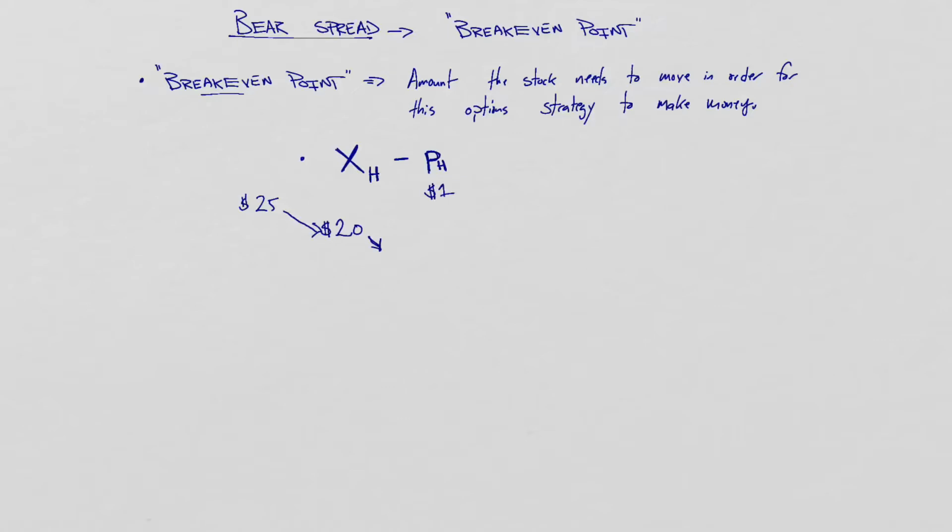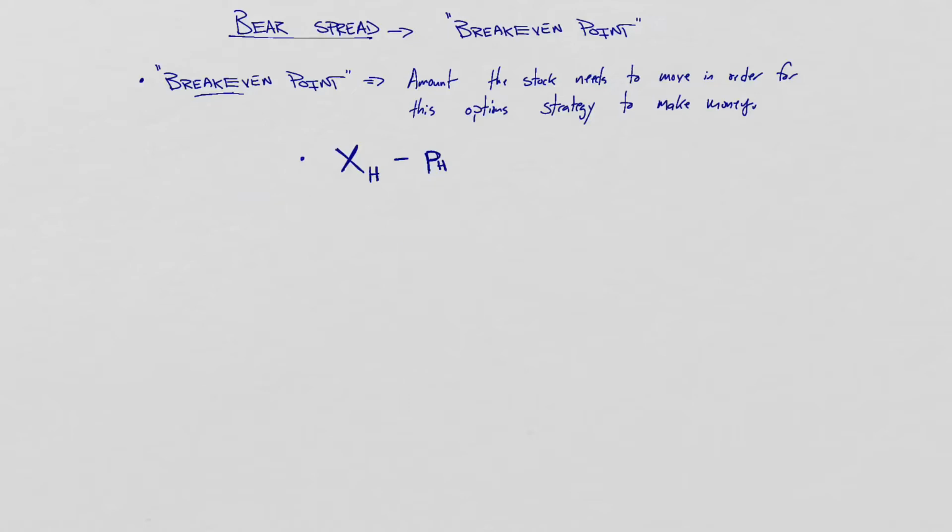And so if your premium is $1, then actually the stock itself needs to drop not to 20, but below 19 in order for you to make a profit. The premium is $1, and so you've got to account for that here. The stock has to go below 19 in order for you to be at break even.